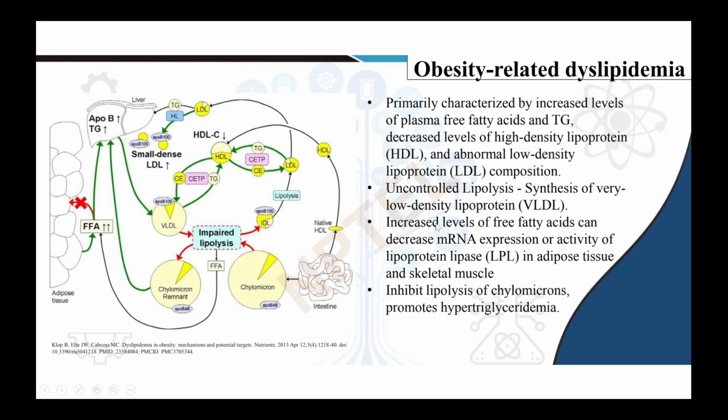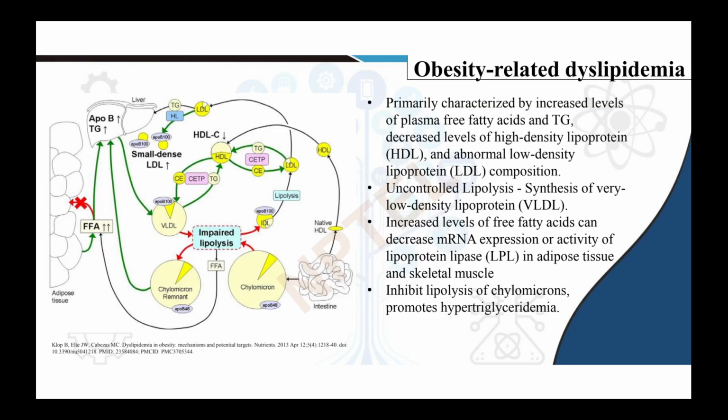These free fatty acids in the circulation can decrease the mRNA expression or activity of lipoprotein lipase in the adipose tissue and skeletal muscle, and it inhibits the lipolysis of chylomicrons, promoting hypertriglyceridemia. So triglycerides and free fatty acids are increased in the blood, leading to the condition hypertriglyceridemia, because triglycerides are high in the blood. So hypertriglyceridemia. Okay.